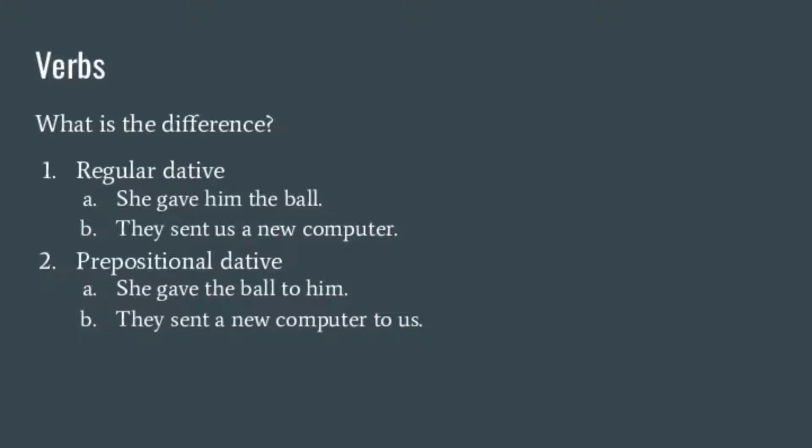The emphasis is more on transfer, transferring possession. I have the ball and I transfer it to my son. They transfer a computer to us. So it's a bit of a transfer meaning, which is a little different. It's just a slight nuance. In practical context, it may not make much of a difference, but it's a slight nuance. This is more of a transfer meaning. The first one is more of just a regular garden variety dative meaning.